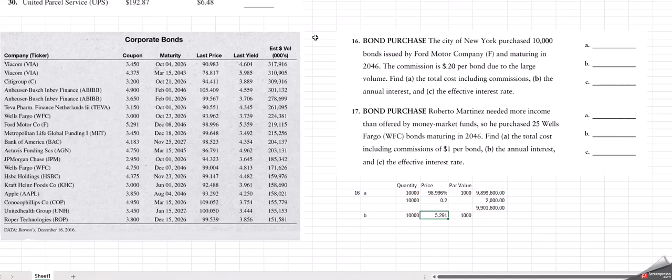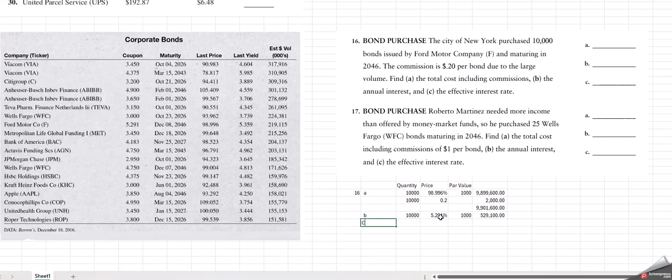But again, it's going to be a percent, so I probably have to change that up. 0.0529, and if I want to turn it into a percent and show you all the decimals, there. So remember, even though nowhere does it tell you those are percents, they're always percents in these bond tables. So then we take our quantity times our par value times the quoted coupon rate that they pay in interest, and that's how much interest is paid.